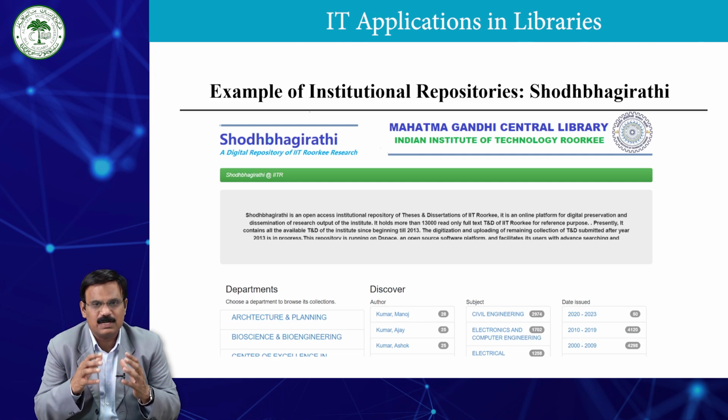This repository is running on DSpace, an open source software platform, and facilitates its users with advanced searching browsing options. The collection of the Shodh Bhagirathi are listed department-wise, then by document type. It can be searched for title, author, year, keyword, etc.